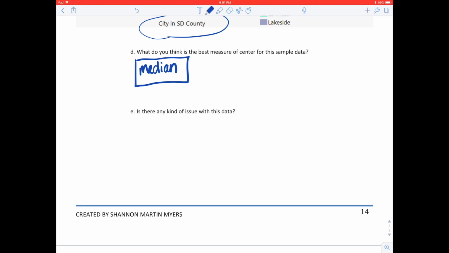Now, any issues with this data? What do you think about this data? I mean, I didn't have raw data. I didn't have thousands of rent amounts in these cities. I had a measure of center already, didn't I?